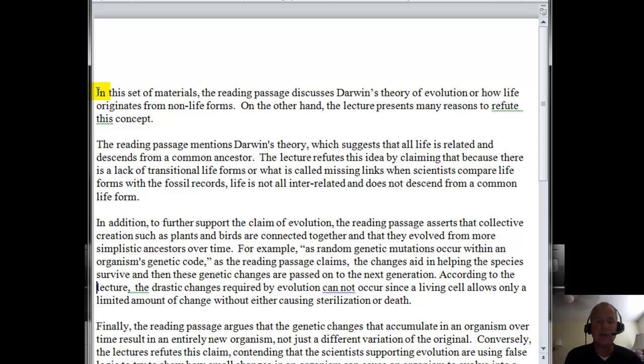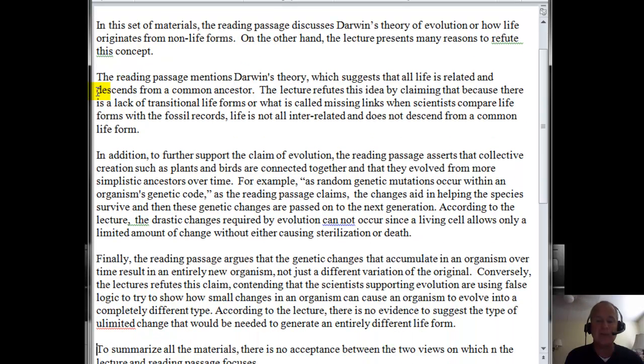According to the lecture, the drastic changes required by evolution cannot occur, since a living cell allows only a limited amount of change without either causing sterilization or death. Finally, the reading passage argues that the genetic changes that accumulate in an organism over time. Let's reduce our adjective clause here. We don't need that.